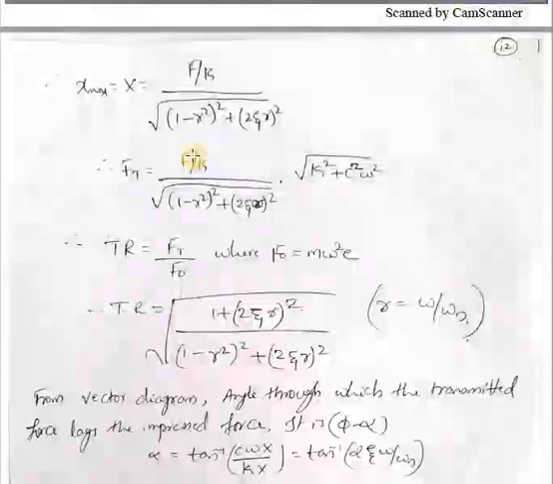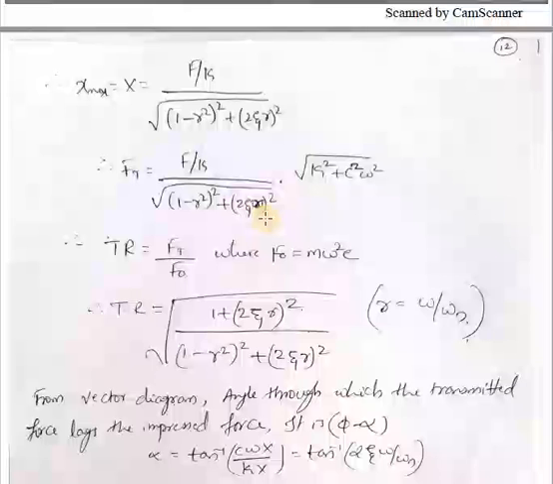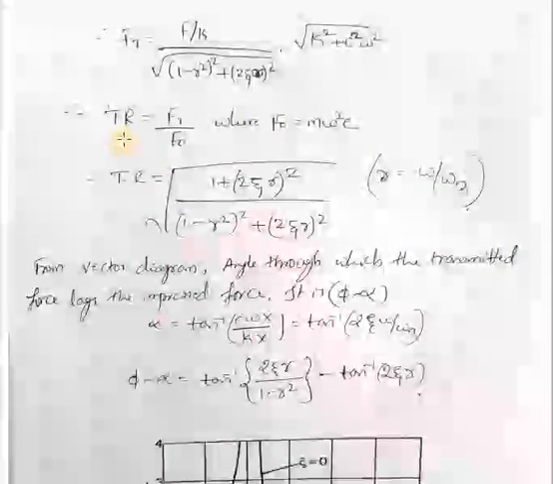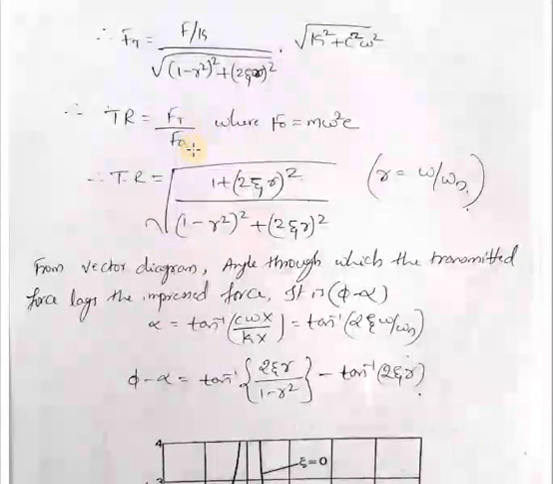And Ft is F by k divided by the square root of (1 minus r square) whole square plus (2 zeta r) whole square, into root of k square plus c square omega square. Therefore the transmissibility ratio, Ft by F naught, where F naught is m omega square A, is given by the square root of 1 plus (2 zeta r) whole square divided by (1 minus r square) whole square plus (2 zeta r) whole square.